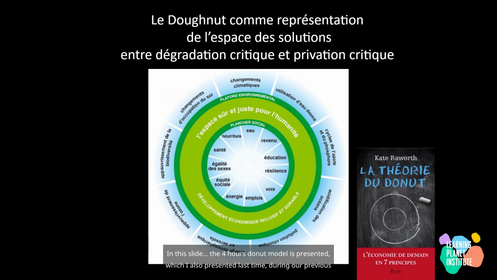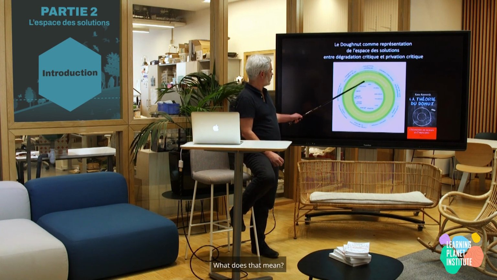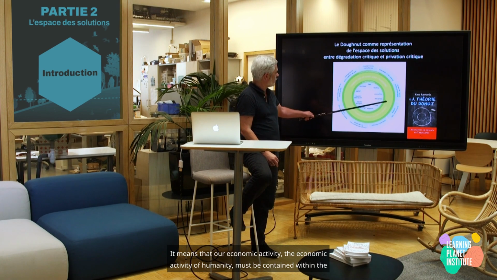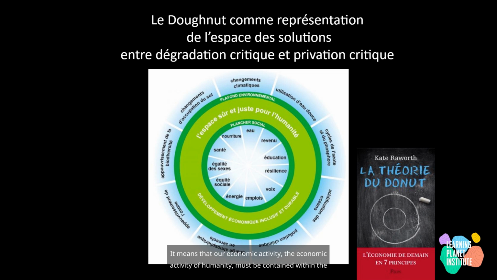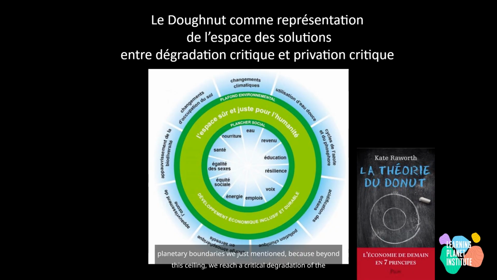In this slide, the 4 hours donut model is presented, which I also presented last time during our previous meeting. As a reminder, it is a rather sophisticated, elegant and very visual way to see how to delineate the safe and just space for humanity, which allows for inclusive and sustainable economic development. What does that mean? It means that the economic activity of humanity must be contained within the planetary boundaries we just mentioned, because beyond this ceiling, we reach a critical degradation of the environment.